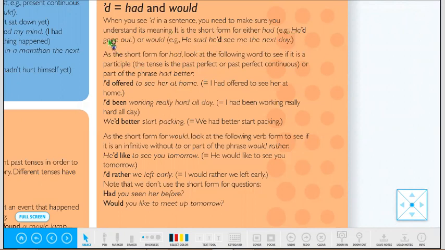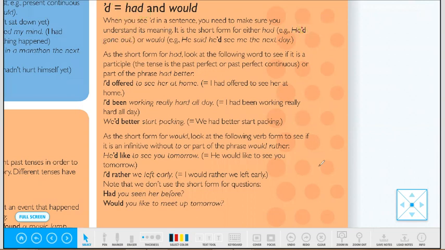He'd gone out. So as you can see, after he'd, or he had, sorry, you see that there is a verb that follows in the past participle. So that is the key. When you see that after the apostrophe D, the verb is in the past participle, it is had.